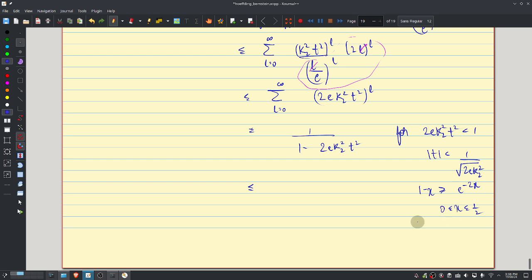Zero less than or equal to x less than or equal to half. For e k2 square t square, this holds true only when mod t is less than or equal to some bound.